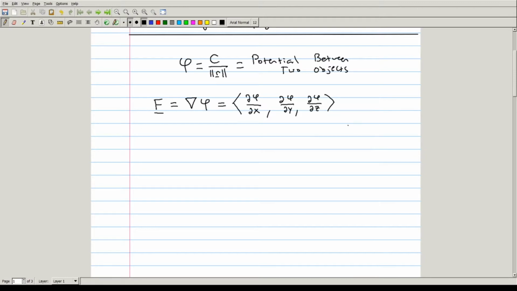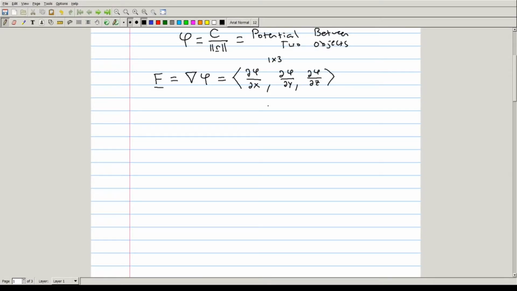It's convenient always to write the gradient vector of a function as, in this case, a 1 by 3 vector, but depending on what dimension you're in, it's going to be a 1 by whatever your dimension is vector, as a row vector.